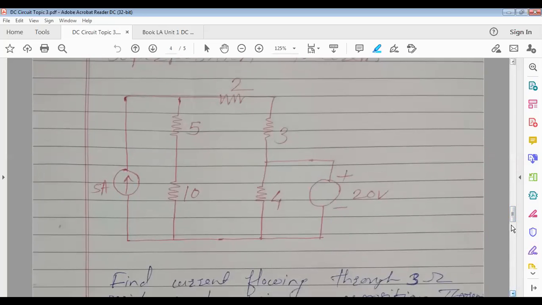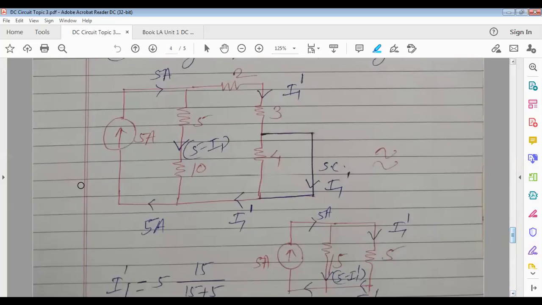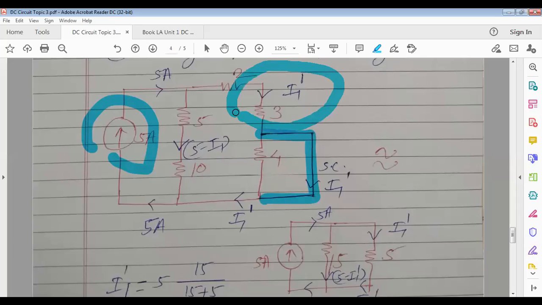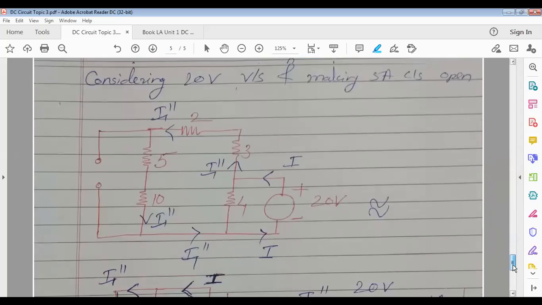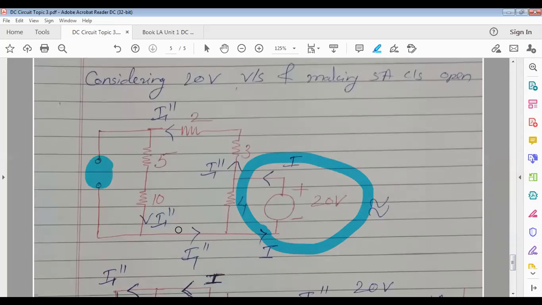So consider only the 5 ampere source, make the 20 volt source short, and with it shorted find I1 dash. Its direction you know; see here the calculations I have done. Then consider the second source, 20 volt, make the current source open, and with this find I1 double dash. Its direction will be upward.